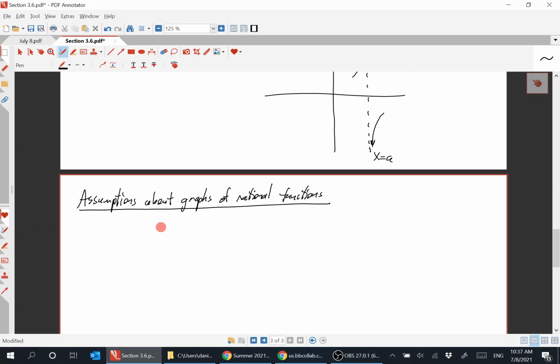has the same assumptions we had before. They are smooth and unbroken. And, well, we just need this one. Sorry, the other one was about end behavior, but we also talked about that.